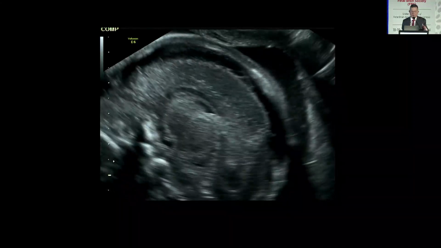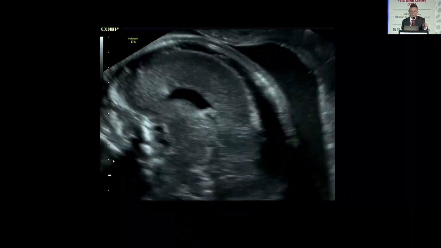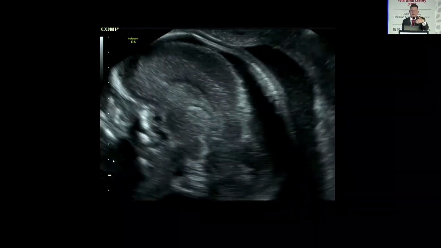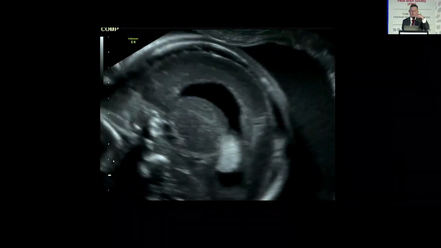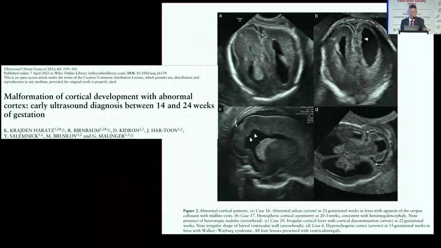Since then, we have had a lot of cases. Later in pregnancy, they have this irregular pattern of the lateral ventricle. Early in pregnancy, at this gestational age, it is a sign of developing heterotopia. And we published this again in 2023, showing these cases with the different diagnoses of malformation of cortical development.